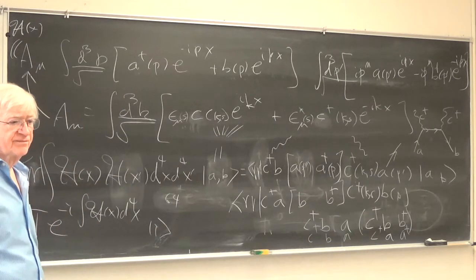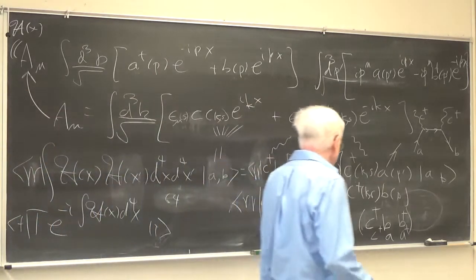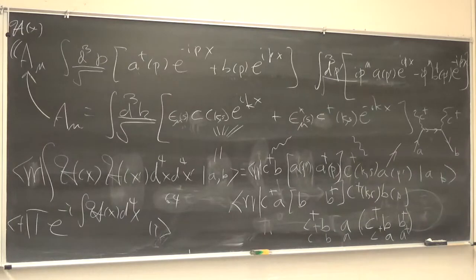Yes? I was going to ask about this last one that you wrote here, the A dagger, A, C dagger, A, B, C dagger, on the very bottom. How do you get the A dagger to come first? A dagger would make here a state with 2 A particles and 1 B particle. Yeah, I'm saying look at the terms in the Hamiltonian though. I think you'd either have to start with an A or you have to start with a B dagger, right?